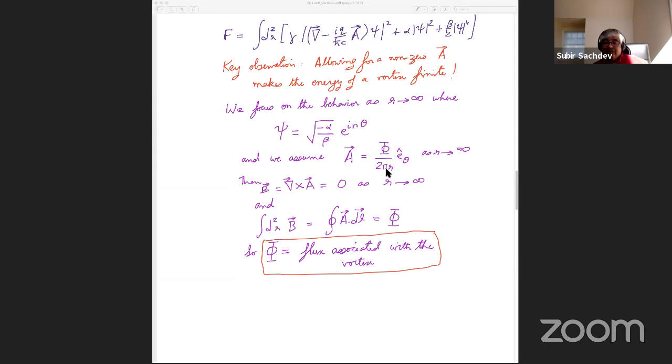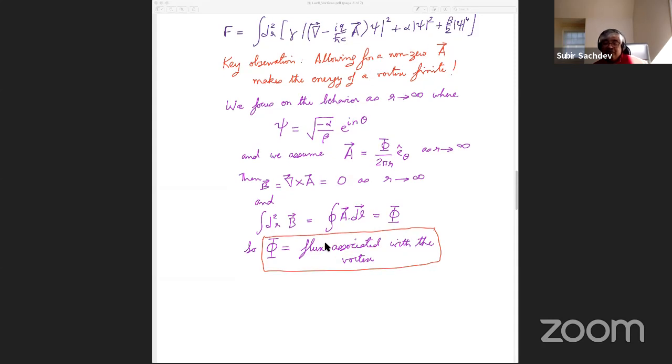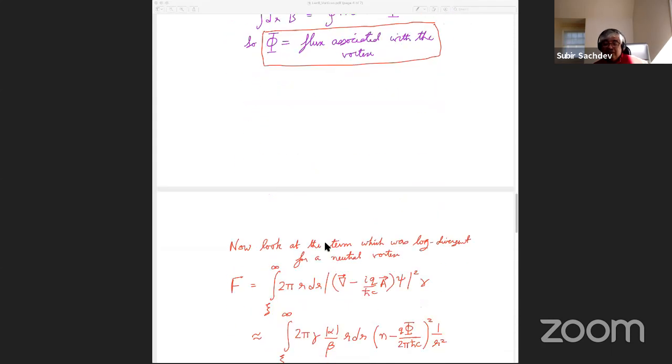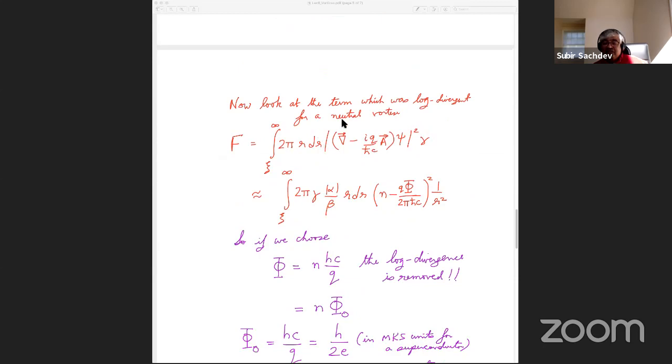All right, so now we just plug this in here and just look at the gradient term at large R. Okay, so that's quite easy. So you just take this. We're only interested in the divergent contribution. So we just take this and then take the radial integral. Grad of psi will give you a factor of n times 1 over r in the theta direction.